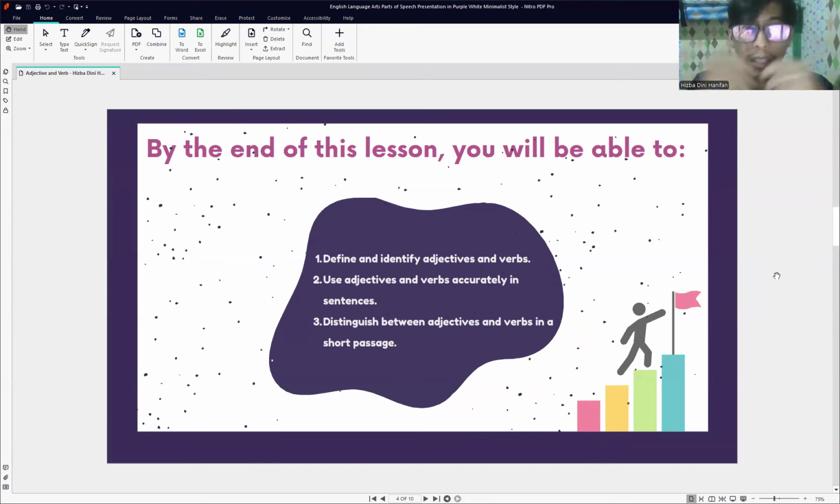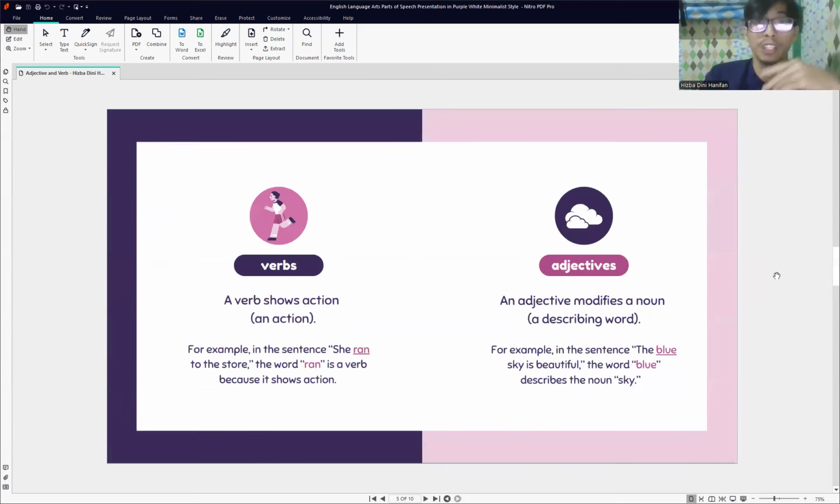And then next, you are able to use adjectives and verbs accurately in sentences. And last but not least, distinguish between adjectives and verbs in a short passage. Is there any question about today's 3 main objectives? No? Okay, let's jump to the definition.